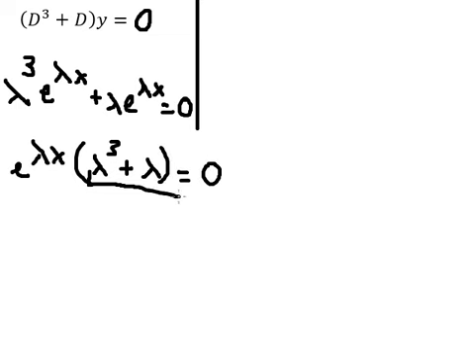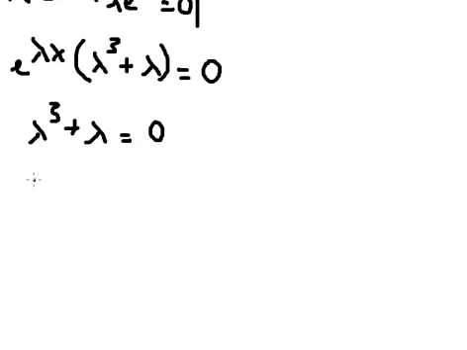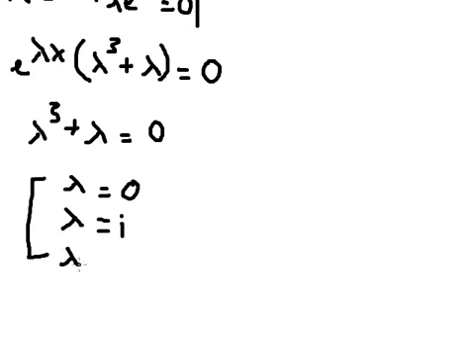So we need to find the solutions of this one. So for this one, we have lambda equals 0, lambda equals i, and lambda equals negative i. That is the complex number in here.